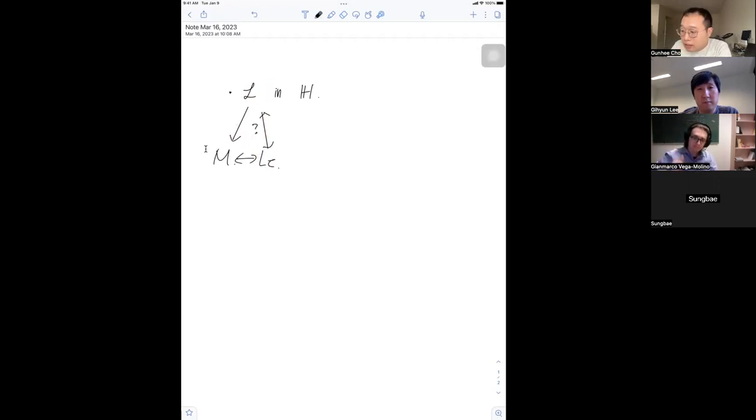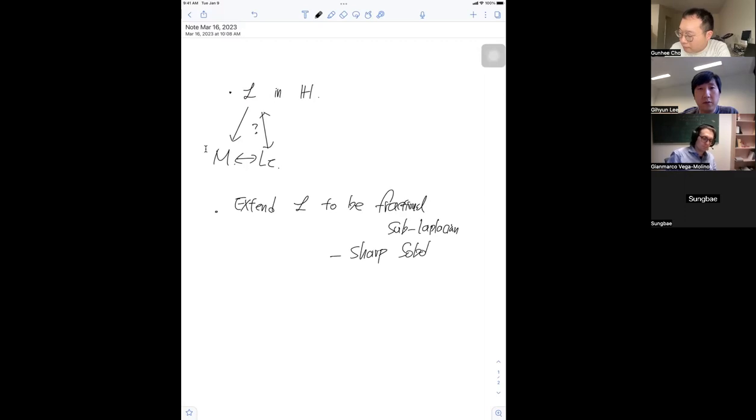On one hand, one can extend this L to be a fractional sub-Laplacian, and in this case one can still obtain the sharp Sobolev inequality. So in other words, you would like to rigorously define the fractional power of that curved L. Yes. Let's say I also have R sub alpha, then there should be a corresponding M sub alpha.